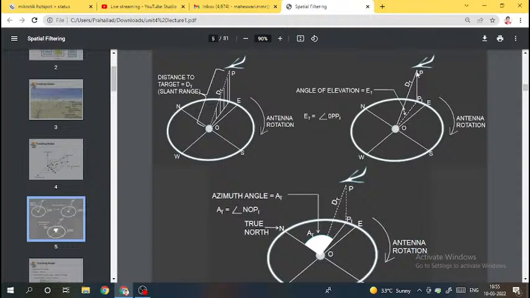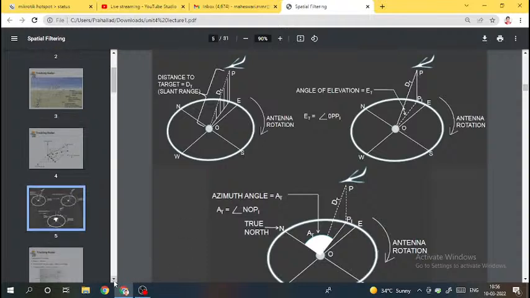This is a perpendicular line, and when you join it with this axis, this is your angle of elevation. Now what is the azimuth angle? Another perpendicular axis points to the true north pole, and the angle made by this perpendicular line with the north pole gives you the azimuth angle. So with the azimuth angle, elevation angle and range, you can find the actual position of your target.